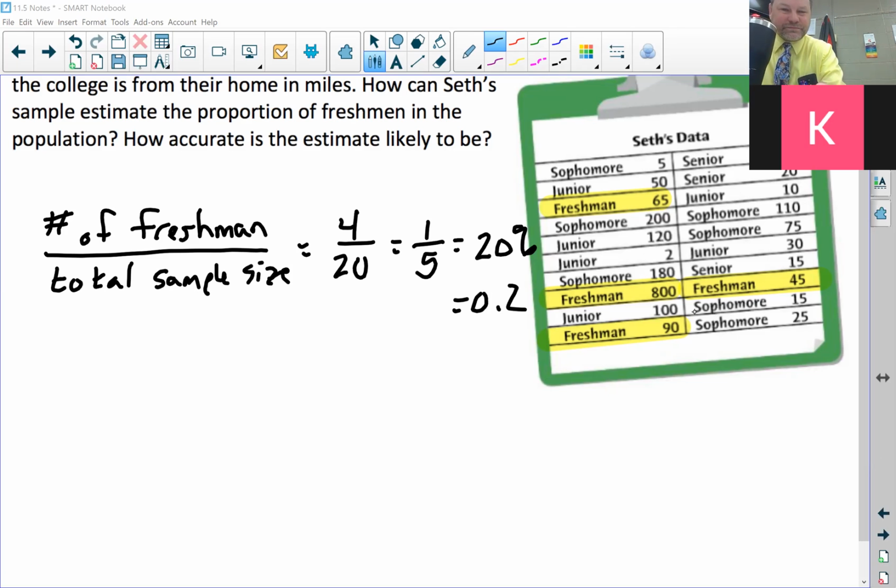Okay. So I've already got one no. So how accurate is the estimate? Probably not very accurate.